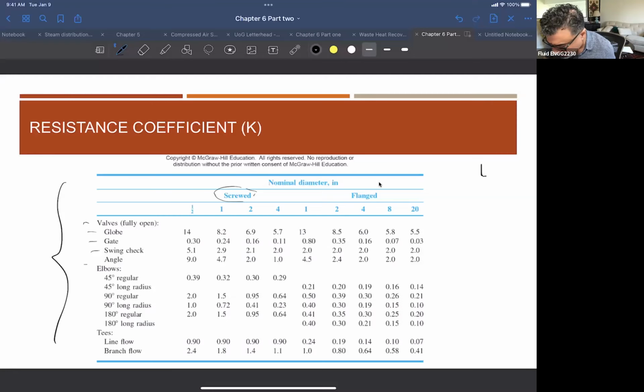So sometimes you have piping that has flanges and connections like this, or you have these screwed components, for example, like this. So it depends on this, and also on the diameter of the pipe and the type of component. You can get whatever K you are looking for, 1 inch, 2 inch, half inch, 4 inch, and so on.